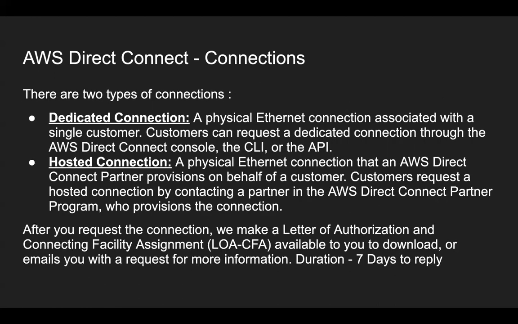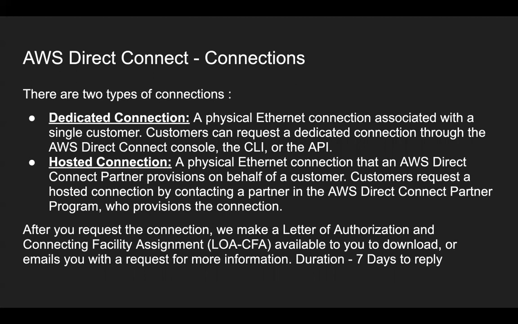So in terms of connections, there are two types of connections. One, where the connectivity between the Direct Connect partner location and AWS is not yet set up. And the other type of connection, which is hosted connection, where there is already connectivity between the cloud service provider and the Direct Connect partner location. So with hosted connection, the connectivity is already there between the Direct Connect partner location and the cloud service provider. But with a dedicated connection, you need to request that connection.